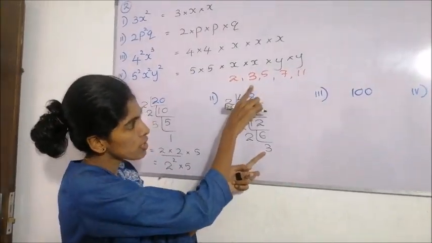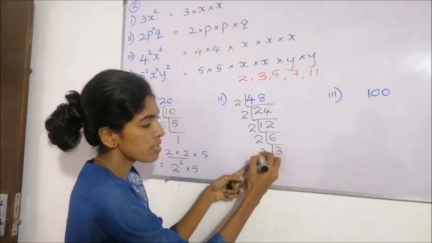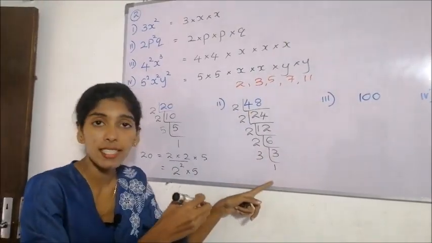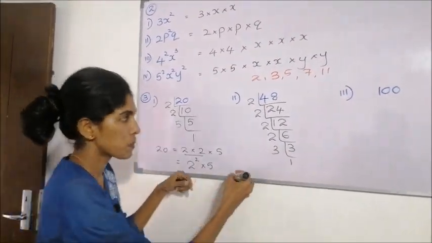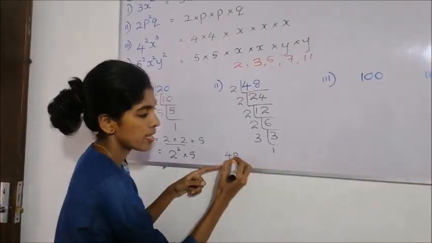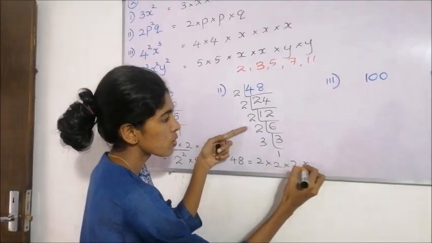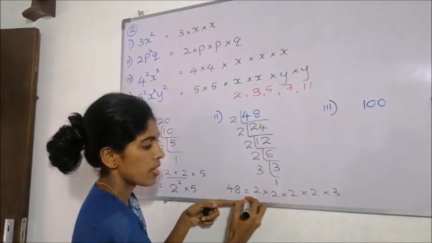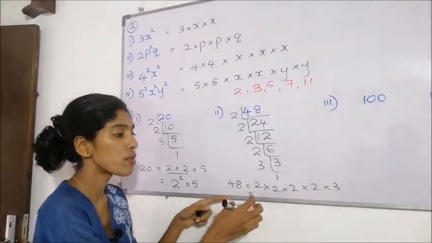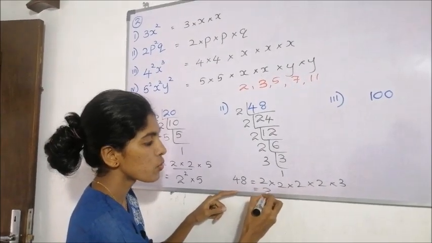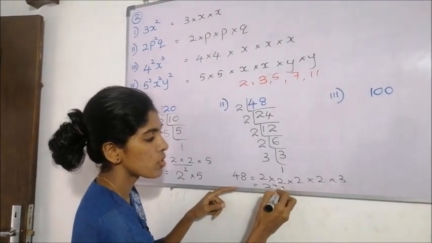So we will jump to the next number 3. Yes, it's divisible by 3. Until you get 1 as the answer, you must divide repeatedly. Now this 48 can be written as 2 into 2 into 2 into 2 into 3. And now in index notation, how do we write as a product of powers? 2 to the power 4 into 3.